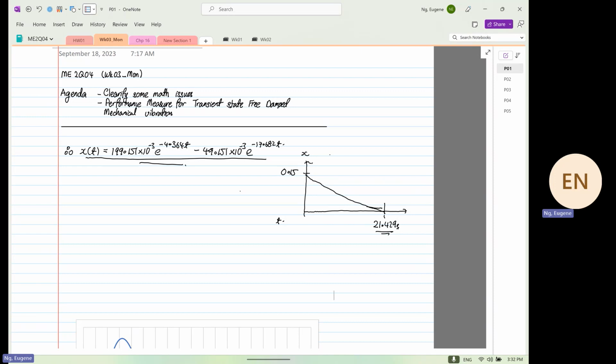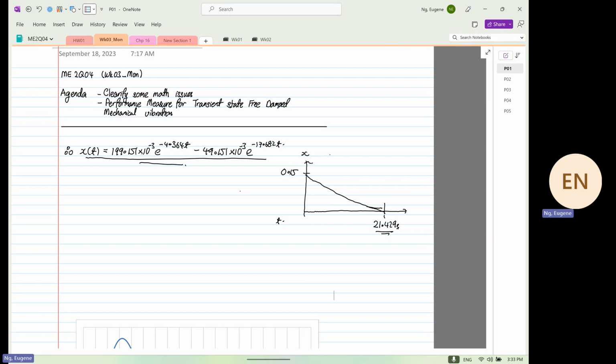Minus 49.151 to the power of minus 3 times the exponential function minus 17.682, and then put the variable equal into it, and then shift alpha 0, shift solve.